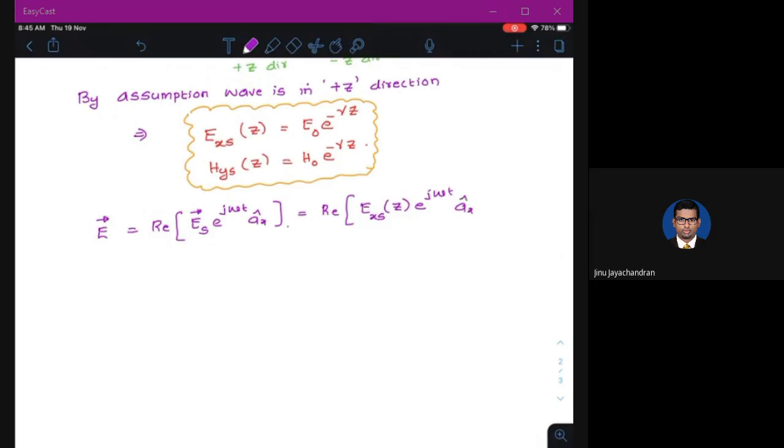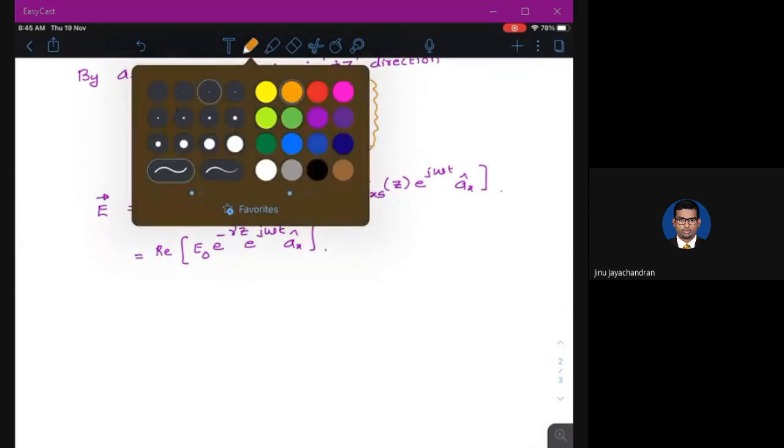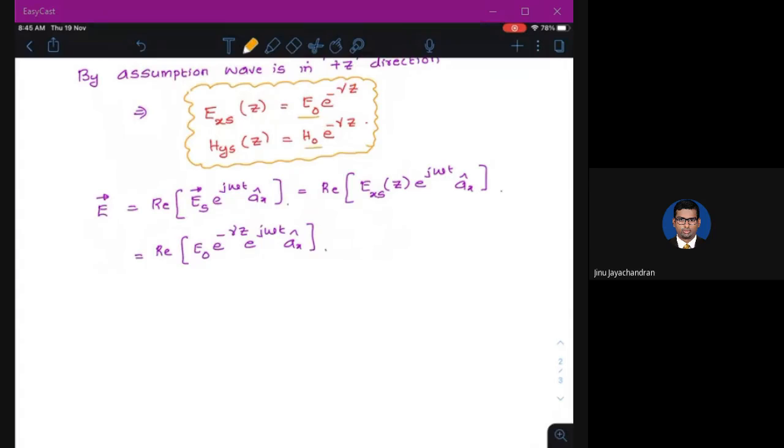It is propagating along the x direction. Let's substitute the values. So this is the real part of E0 e raised to minus gamma Z e raised to j omega t x cap. Here the values E0 and H0 are constants. This is actually a magnitude and they are constants.